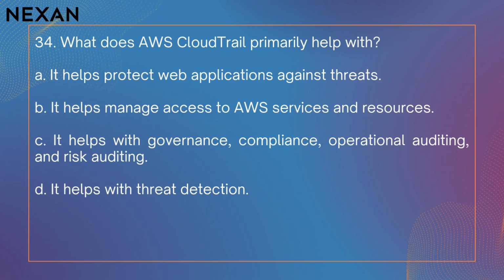34. What does AWS CloudTrail primarily help with? A. It helps protect web applications against threats. B. It helps manage access to AWS services and resources.